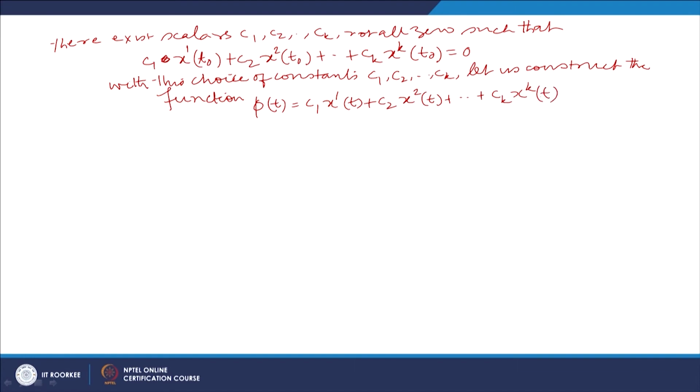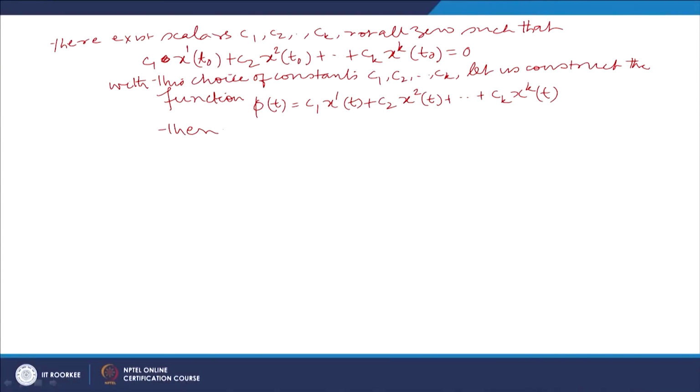Okay. Then since x1 t, x2 t, xk t are solutions of the vector differential equation x dot equal to Ax, it follows that phi t is a solution of x dot equal to Ax.